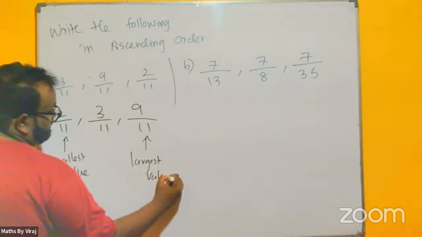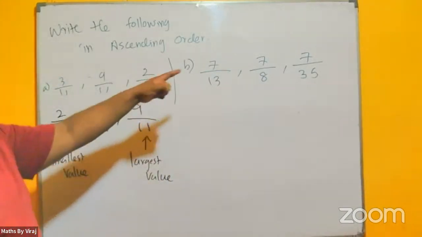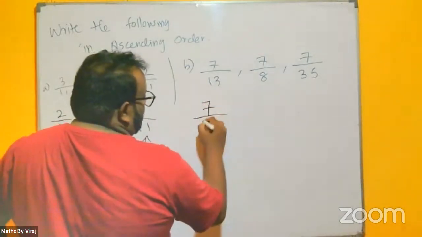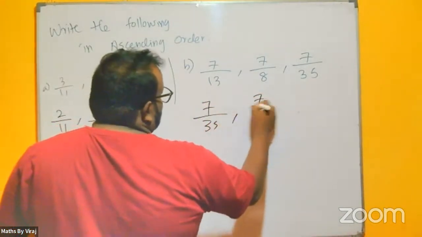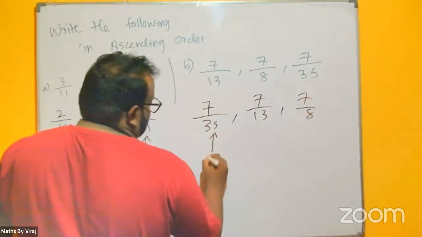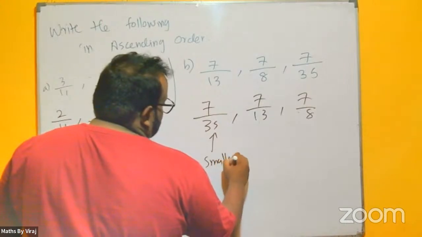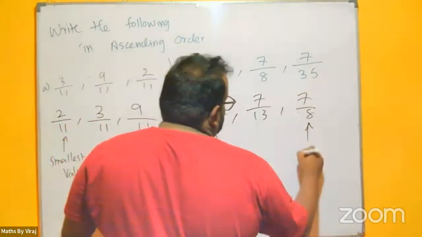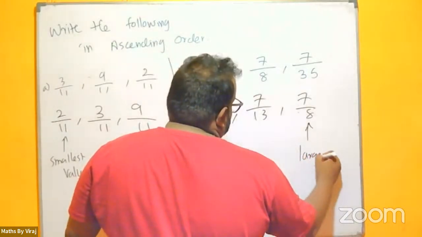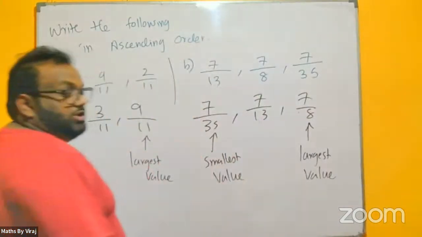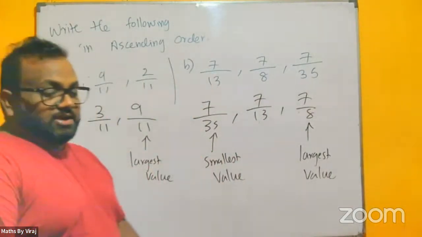Can you have it? Here, if the numerator is the same, larger the denominator, smaller will be the value. So here, smallest value. Here, largest value. Those of you who have gotten it wrong, please take it down now.